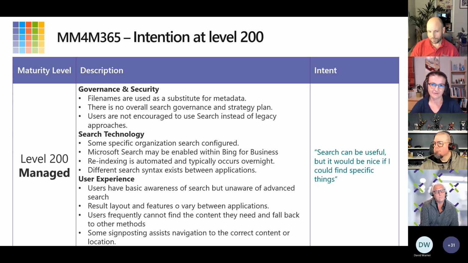But this is the level when people start to realize that search sucks and something should be done about it. So I believe there is a jump between level 100 and level 200, because on level 100 they don't even realize that something should be done, but on level 200 they start to open their eyes to improvements.